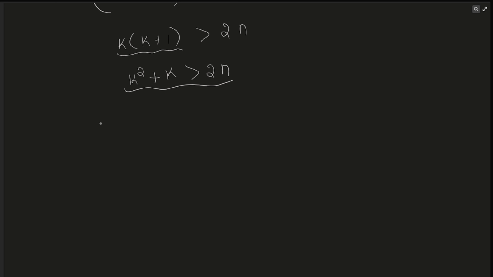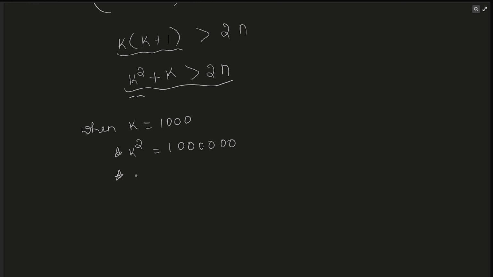Now, in time complexity, we will always focus on the dominant term, which is k square here, right? Let me give an example for why we will be considering k square going forward. Let's consider k as 1000. If k is 1000, what is the value of k square? Which is nothing but 10 lakhs.